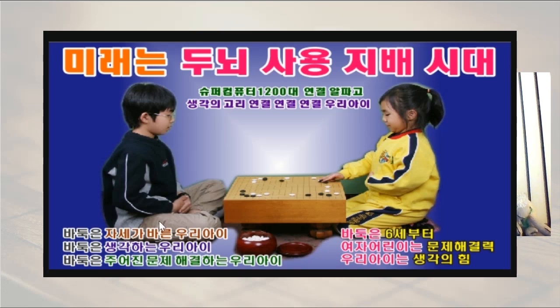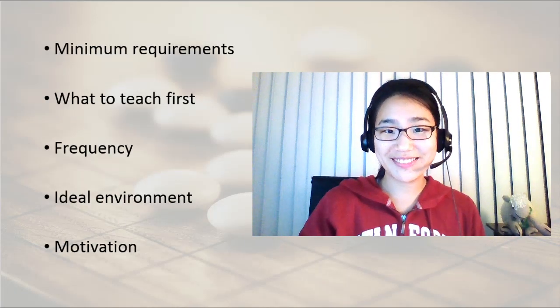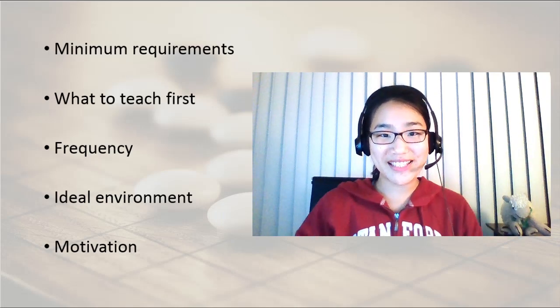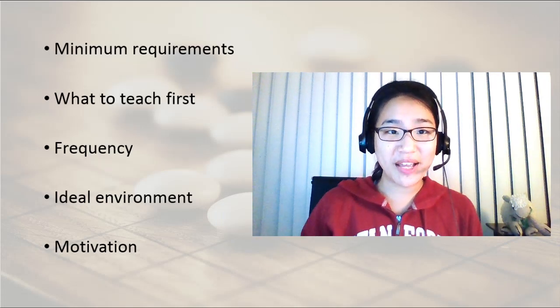And then here it says, Go teaches good posture, good thinking ability, problem solving, and focus. And I think these are all very true, and I do believe in the value of Go, like myself. So, anyway, let me share the tips from my parents.